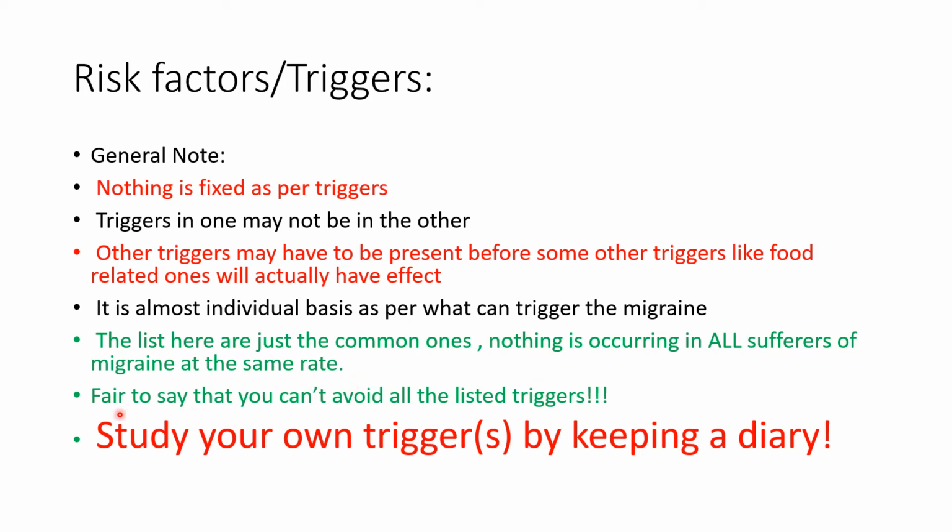No. It is fair to say that you can't avoid all the listed triggers here, because I've taken the time to go through what people have complained about as triggers, what has been written in so many literatures, and I wanted to get everything here. That's why I put it A to Z. So some might not be found in you, some will be found in you. Some are not there. Some may be in your patient, may not be there. What is important as we go on now is to study your own trigger or triggers by keeping a diary, please.